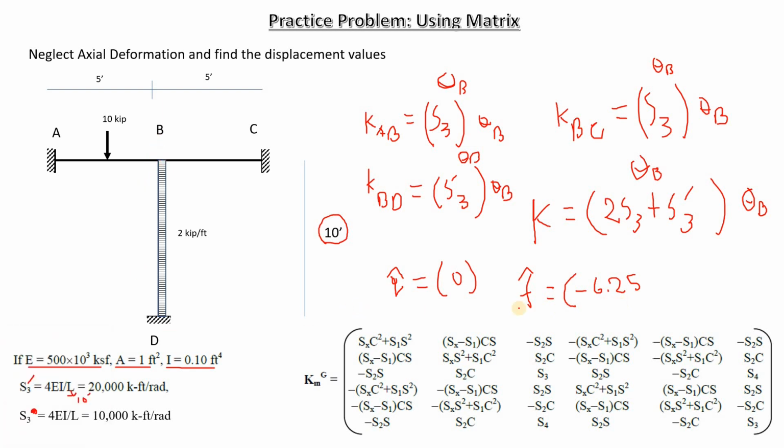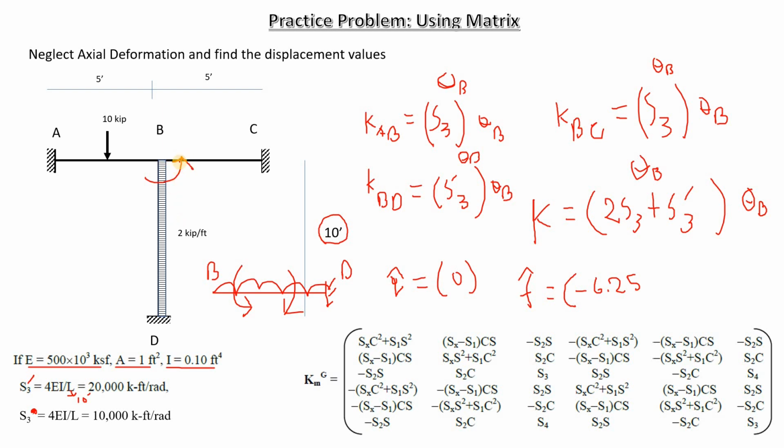Where were we? So we got minus 6.25. Now for member BD, remember to calculate this, a trick you can do is always put the UDL on the top. So if we put the UDL on the top and make this member horizontal, we'll end up with something like this, where this is B, this is T, and here is WL squared by 12, here is WL squared by 12. Okay, now if we again rotate this thing and place it here, we're going to get some kind of an anti-clockwise moment here.